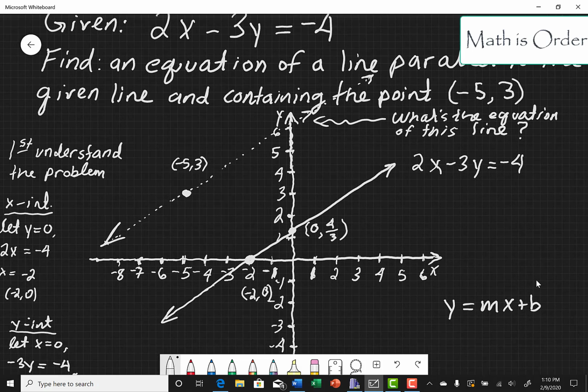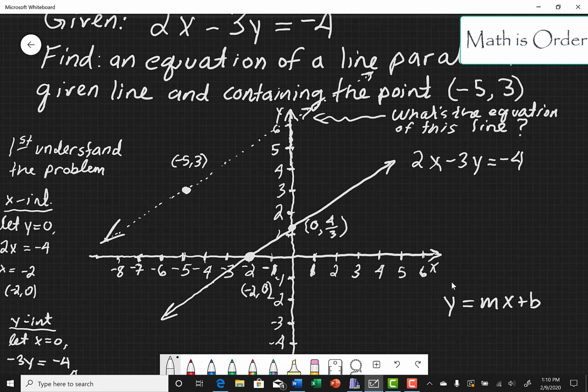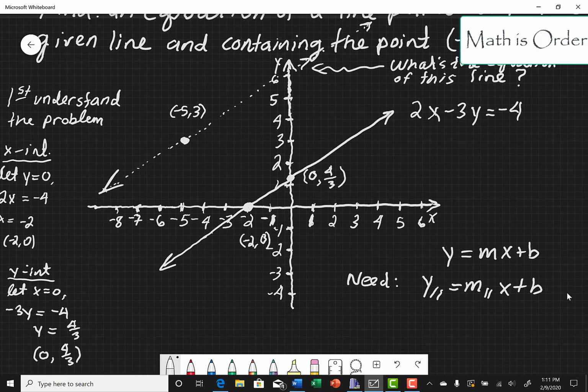So we just need to find m and b for this parallel line. Now, in order to distinguish this line from the given line, let's call the parallel line that we need y parallel. So we need y parallel, m parallel. We need this equation. That is, we need m and we need b.